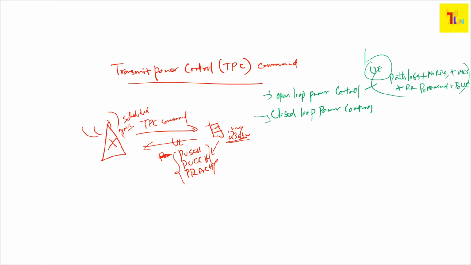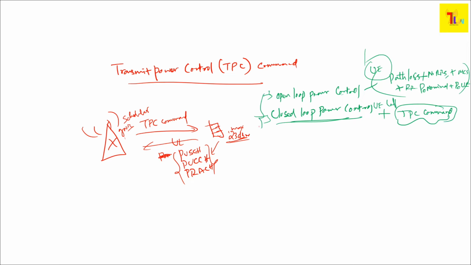Closed loop power control is somewhat the same as open loop power control, but in addition to whatever power the UE calculated, it will also add the eNodeB-issued TPC command power adjustment. That is the main difference, and that's where the TPC command from the eNodeB is typically used, in the closed loop power control.